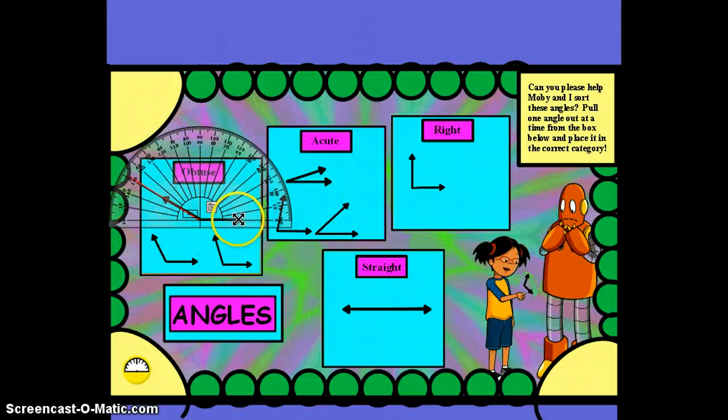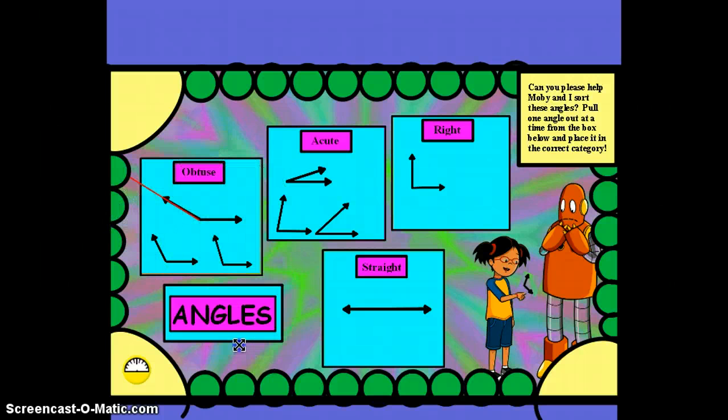And if I'm counting, I know that it's obtuse, so I cannot count this way. I'm counting from the 0. I know that it's more than 90, so I'm going to go 100, 110, 120, 130, 140, I'd say 149 or 150. Remember, you start counting from the 0. Always from the 0, even if the 0 is on the opposite side.